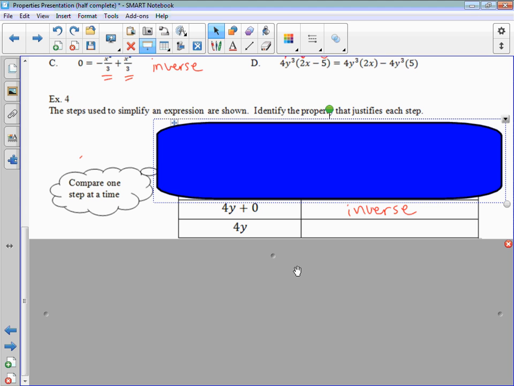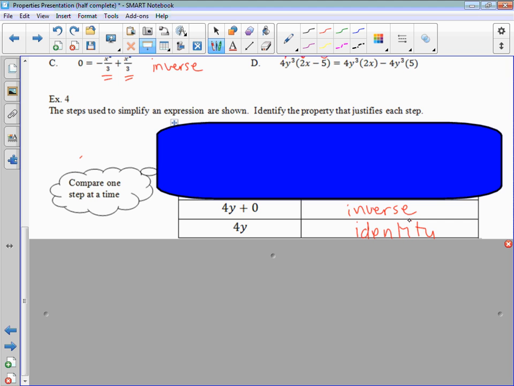What's different from this line to that line? Nothing. Nothing changed, right? So that's the identity property. 4y plus 0 is still 4y. The 4y didn't change at all. So that's which property again? The identity. That's tricky. That's tricky.